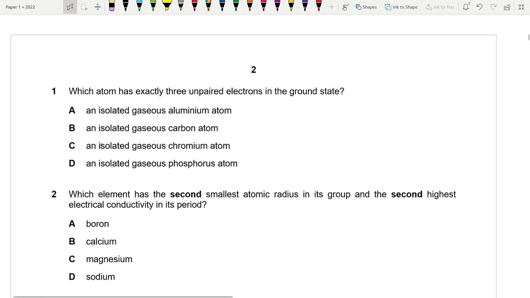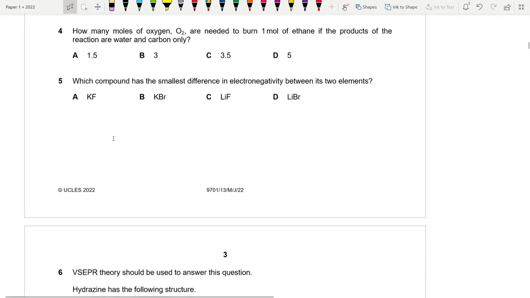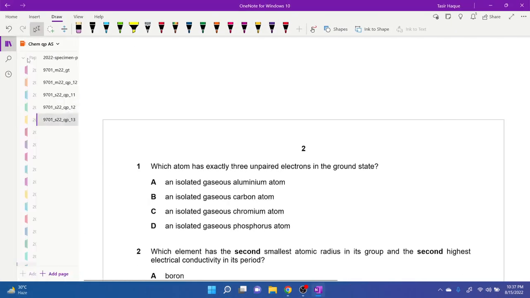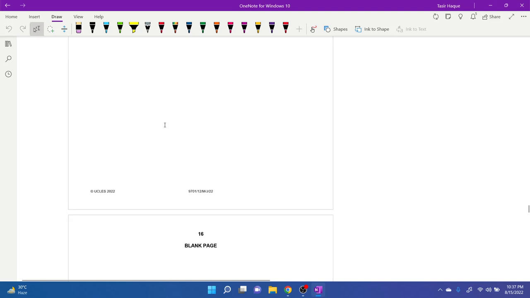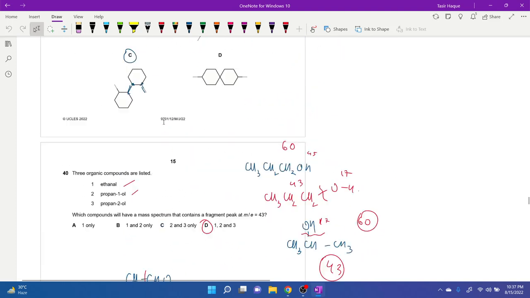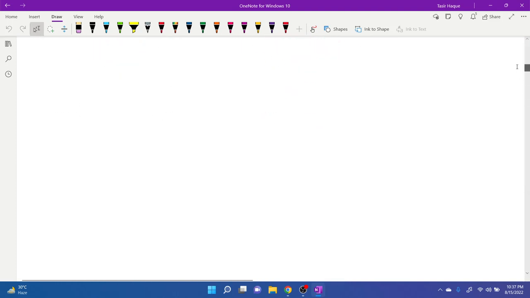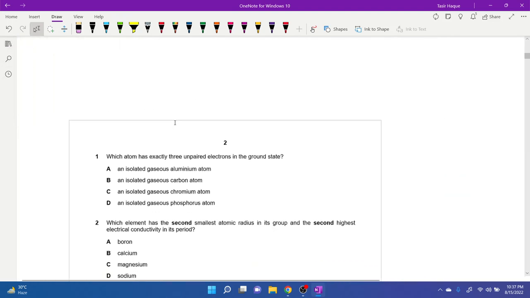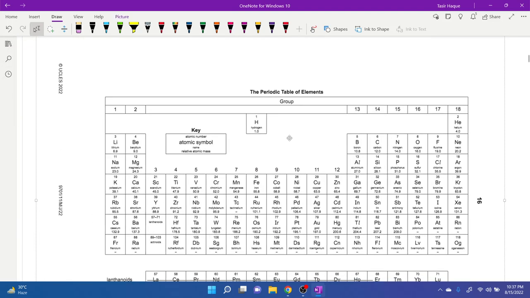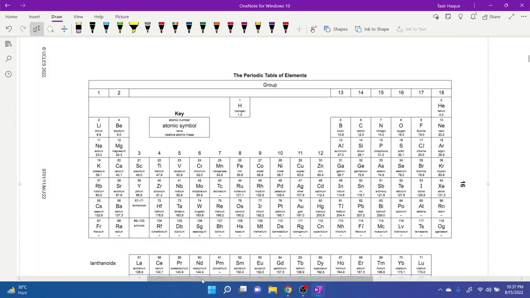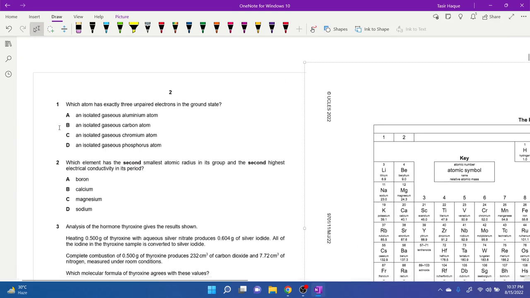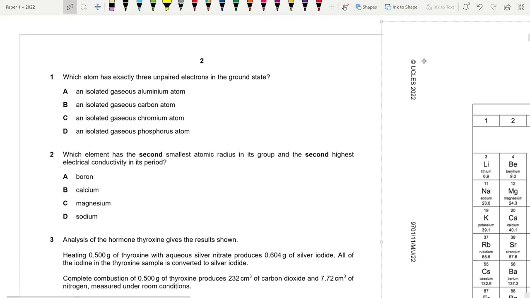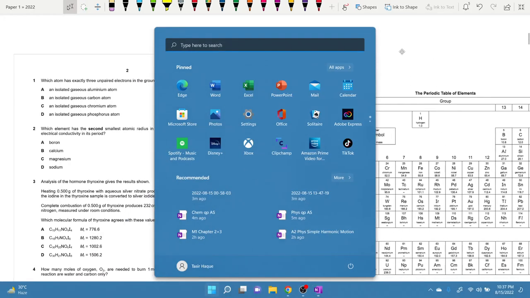Alright, let's begin. Which atom has exactly 3 unpaired electrons in the ground state? Okay, wait, let me bring the periodic table. So, an isolated aluminium atom.